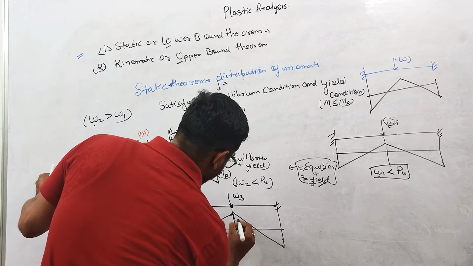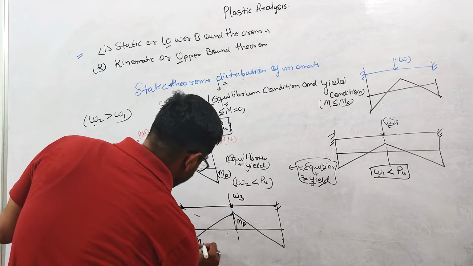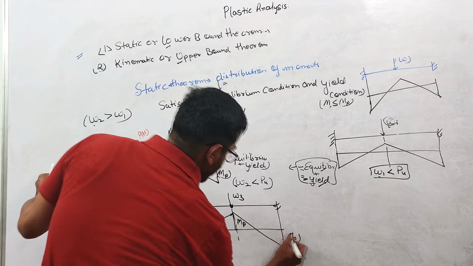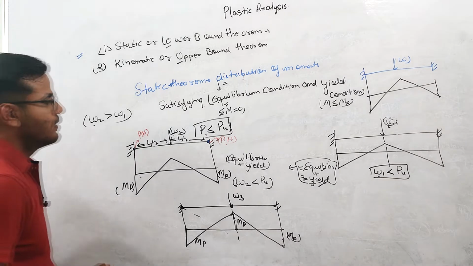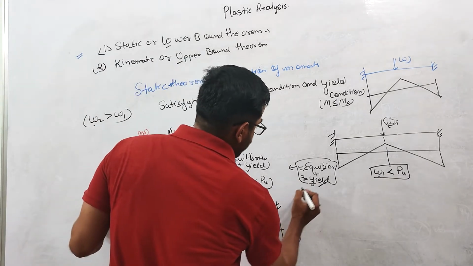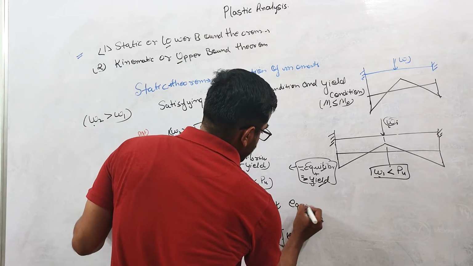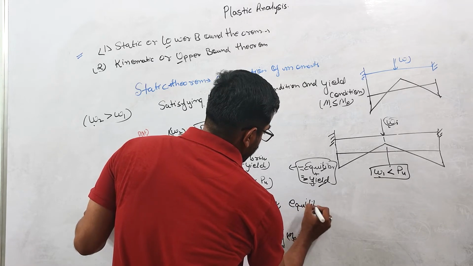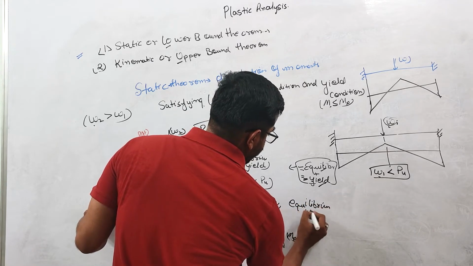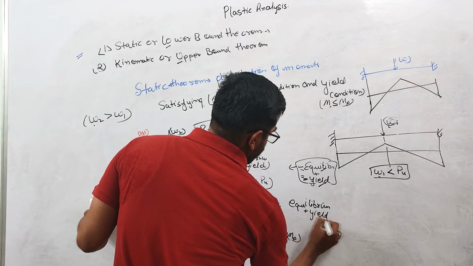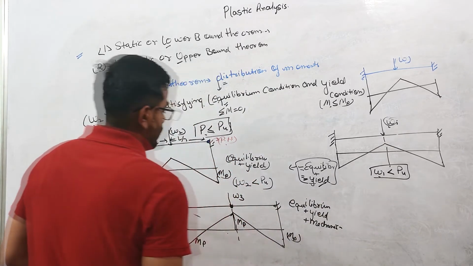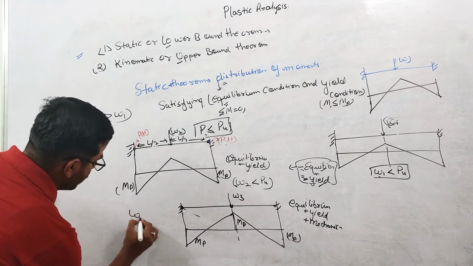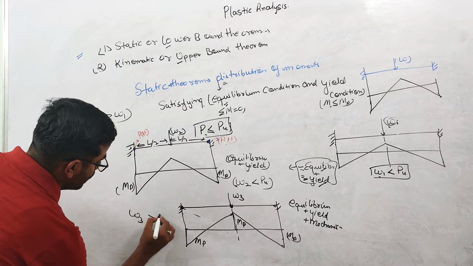So this is MP value, this is MP, this is MP. Okay. So now this diagram is satisfying the equilibrium condition, yield condition also, plus mechanism. Okay. So now you can say that this W3 is equal to the true collapse load.